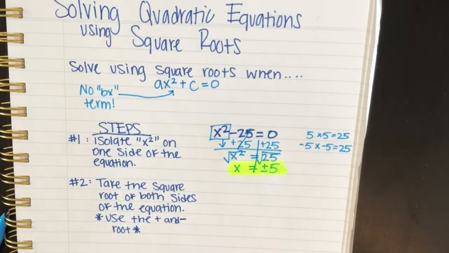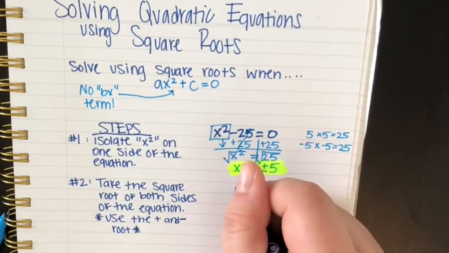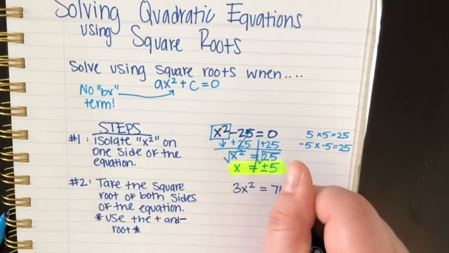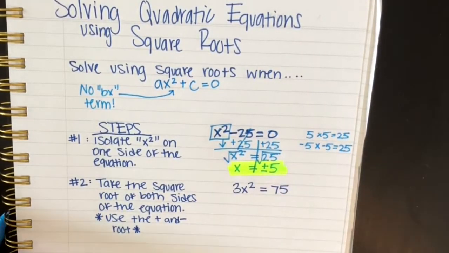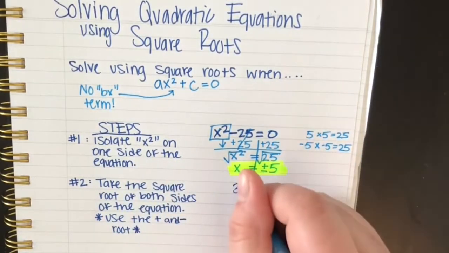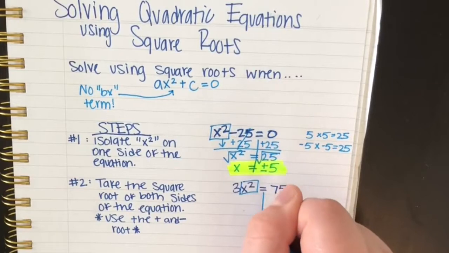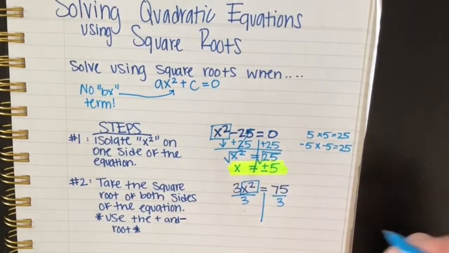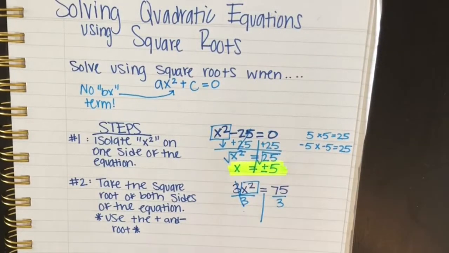All right, let's try it with another example. So I have 3x squared equals 75. Our first step is to isolate x squared on one side of the equation. So I need to solve this for x squared, which means I need to move the 3 by dividing it on both sides. 3 over 3 cancels.